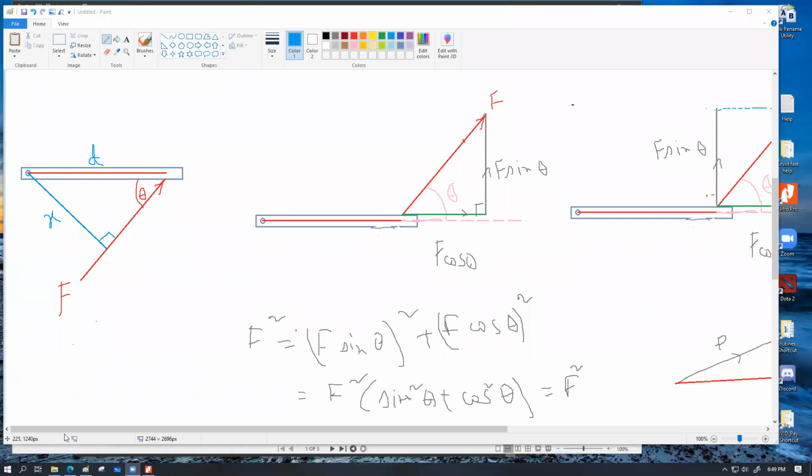Now what I need you to understand is that, by definition, the moment that should be happening in this case should be M equals Fx.